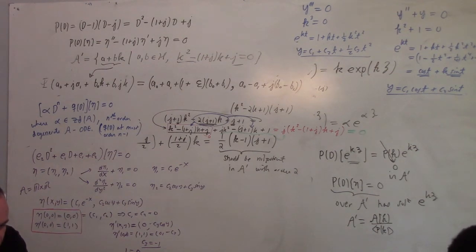I think Theorem 6.5 is a generalization of this example. Theorem 6.5 actually says if you've got P of D is alpha D to the n plus Q of D, and Q of D is not a multiple of alpha, then for any zeta naught there exist constants in the algebra such that no solution of P of D on eta equal to 0 fits the initial condition.